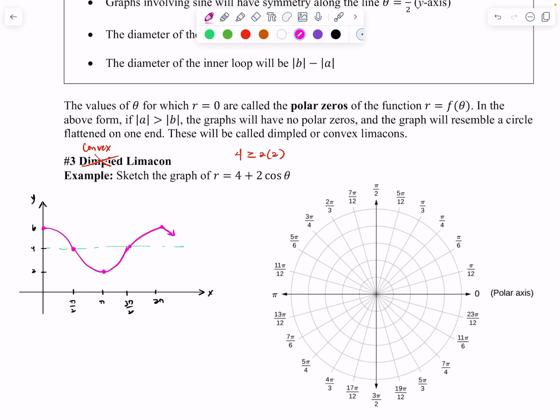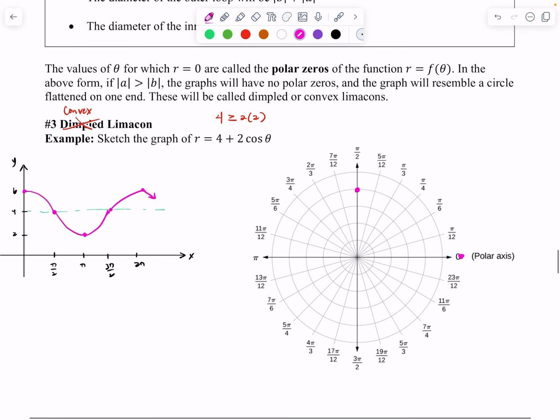Okay, so whenever theta is equal to 0, r will be 6. And then at pi over 2, r is equal to 4. 1, 2, 3, 4. Notice these are all positive r values. And for pi, r would be 2. And you could imagine if it were a vertical shift down where the entire graph was negative, then all the r values would be negative.